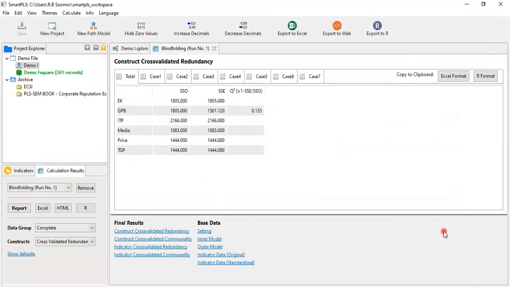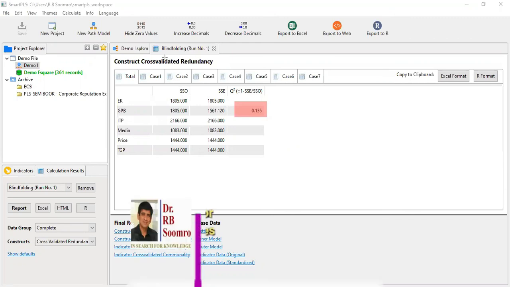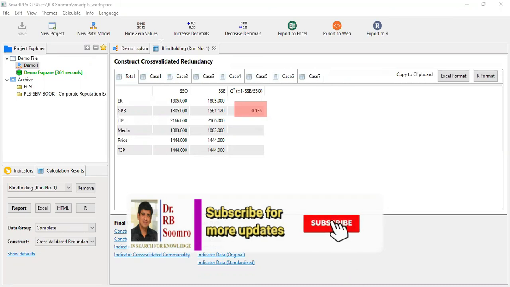Now we are looking at our cross-validated redundancy. In this, we are looking here that the Q square value is appearing here. So now this value 0.135, we call it 13.5%, means significantly above 0. It means the model has a good power to predict. So now how has the value been calculated?